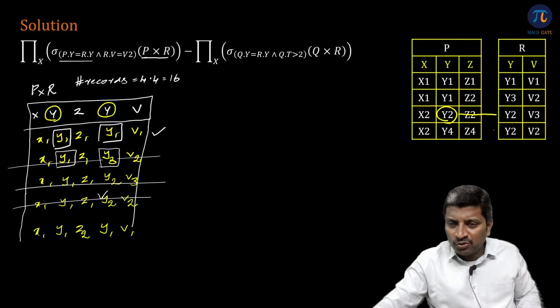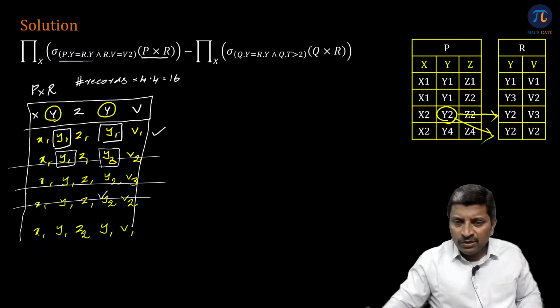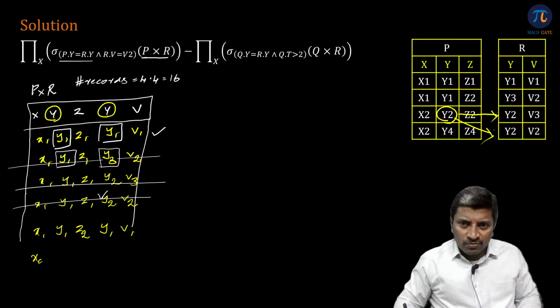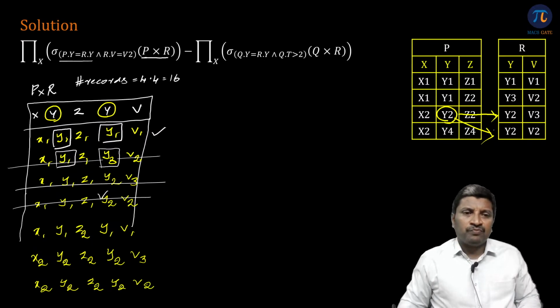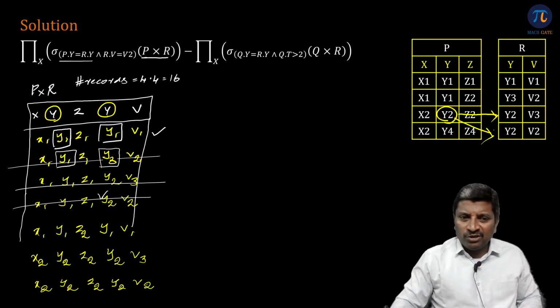Y2, I have 2 matchings. So let us write those two. X2, Y2, Z2, Y2, V3. Whenever you have 2 or 3 matchings, that we need to write all those, sir. Y2, Z2, Y2, V2.